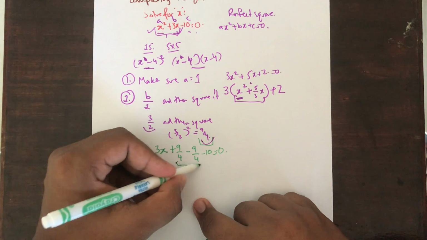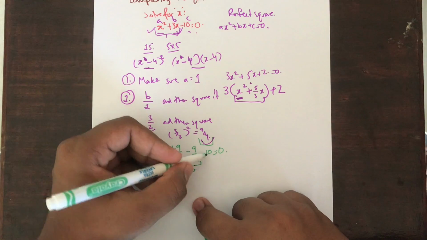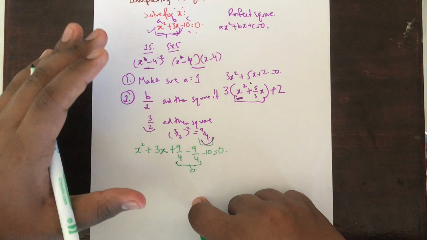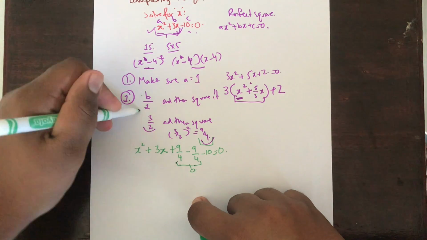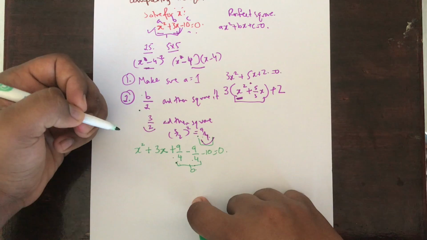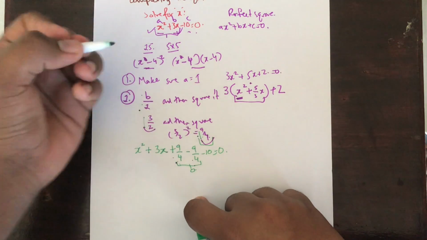So if you compute this, you're actually going to get 0, which is the same as x squared plus 3x minus 10. Now make sure this is also a particular format for this. You need to divide b by 2 and then you square it, then you add those things up. So you divided b by 2, 3 divided by 2, you squared it to get 9 over 4.